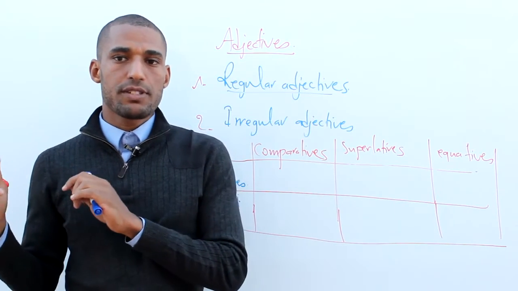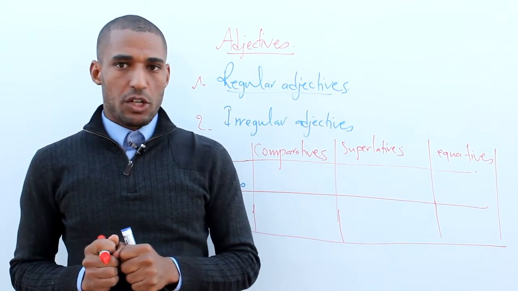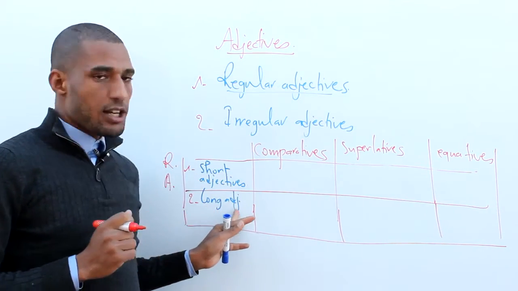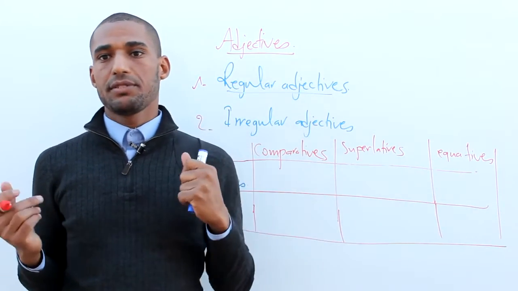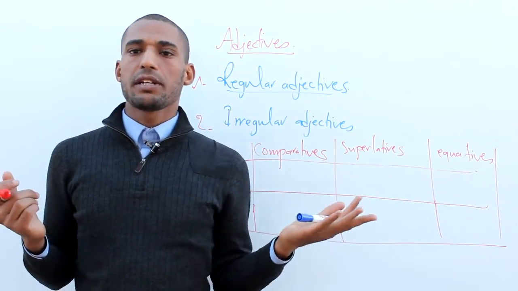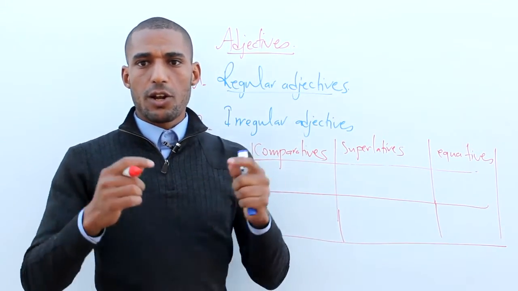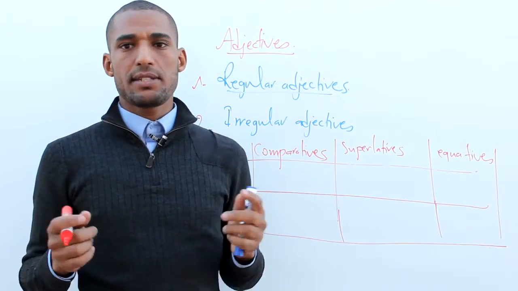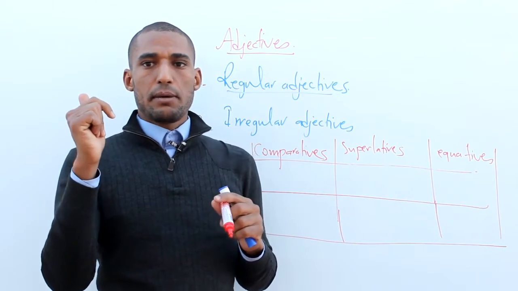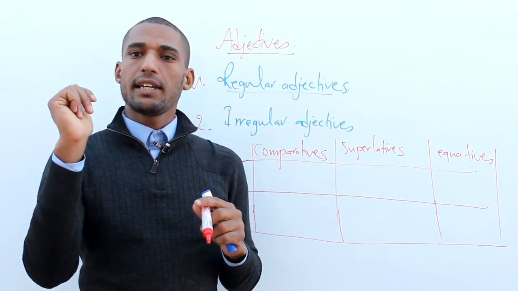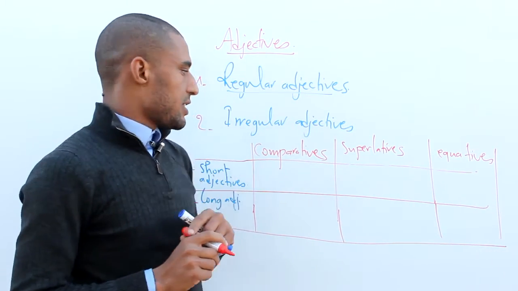It may be two, there might be two syllables or three syllables or more, right? That's what it means. Long adjectives. Example, we may say expensive, beautiful, interesting, enjoyable, amusing, entertaining. These are examples of long adjectives. Example, we got expensive. Expensive, we've got ex, this is the first syllable. Pen, this is the second syllable. And then sive, this is the third syllable. So this is a three syllable adjective.